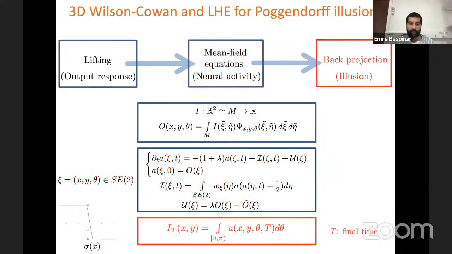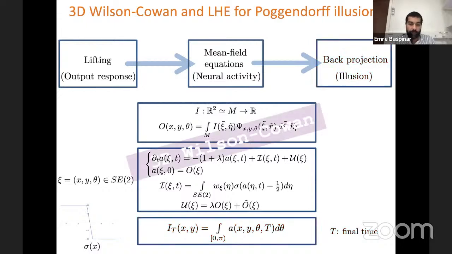Okay, at the end of the evolution, the third step is back projection. So it's basically, at the end of the evolution of neural activity, projecting back the image by integrating the evolved neural activities over the orientation fibers, to come back to the two-dimensional image plane, where the goal is to see well-produced Poggendorff type illusions.